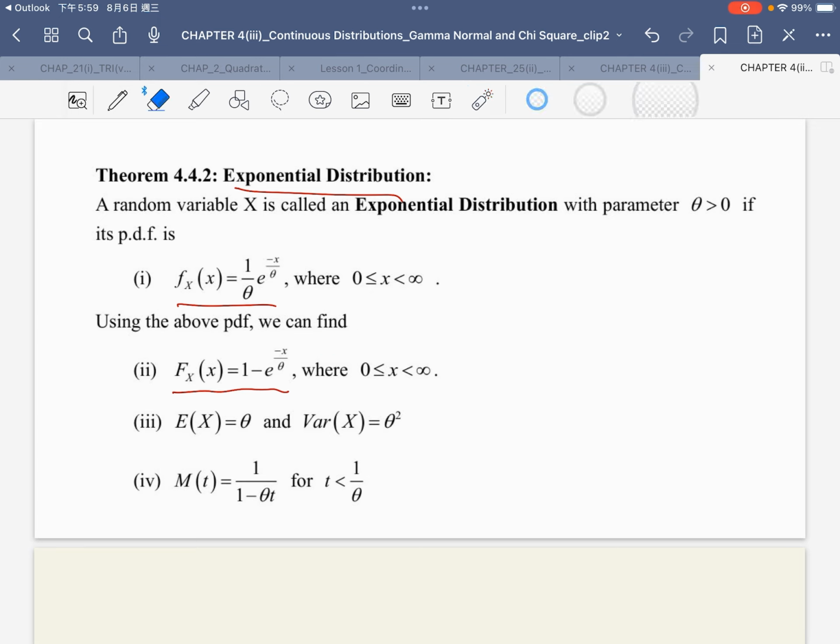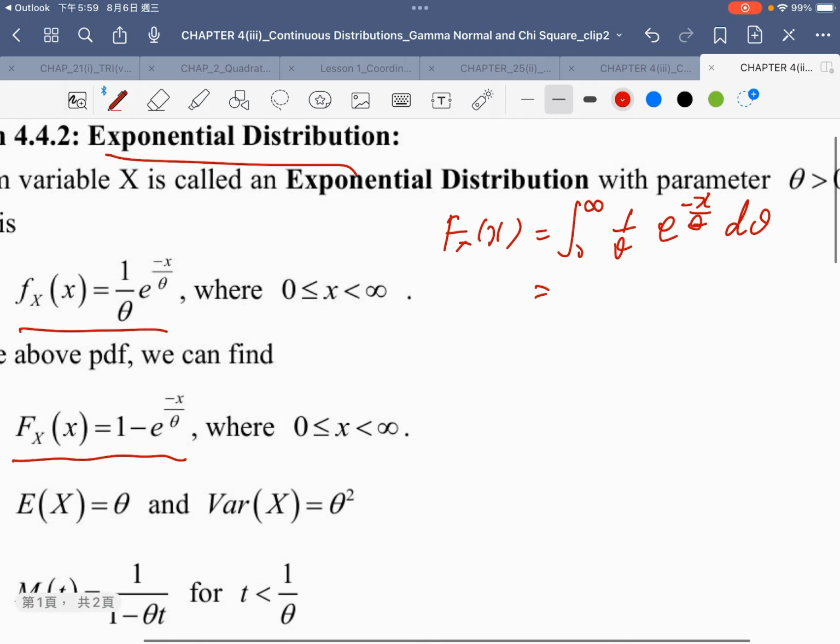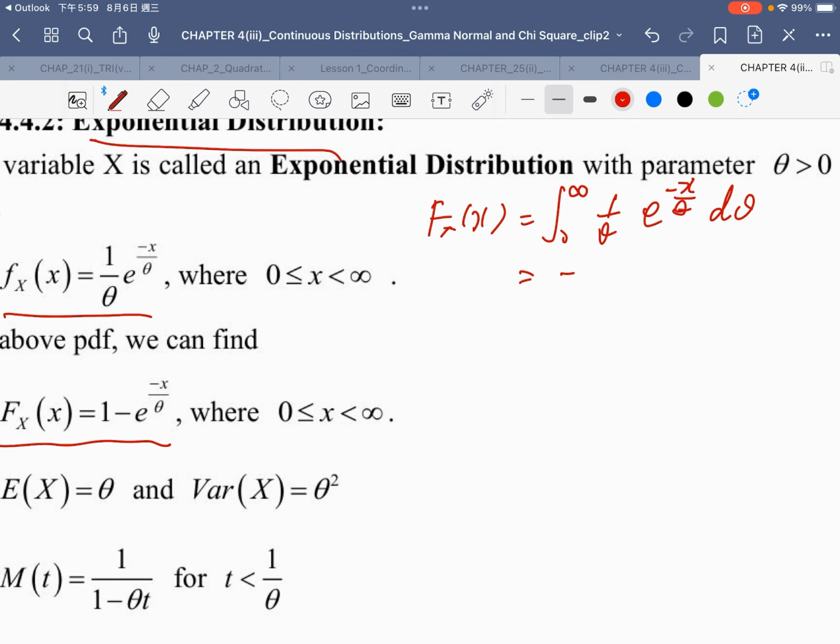By definition, capital F(x) is equal to the integration from 0 to x of 1 over theta e to the power negative t over theta dt. After the integration, it is equal to negative e to the power of minus t over theta.